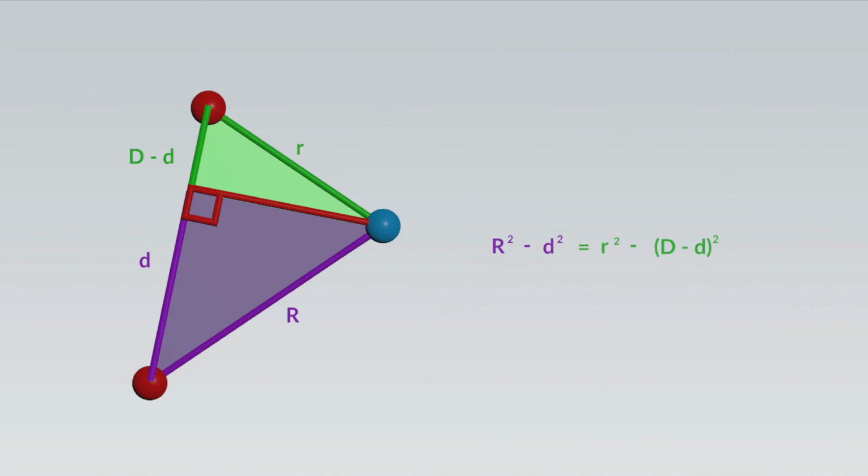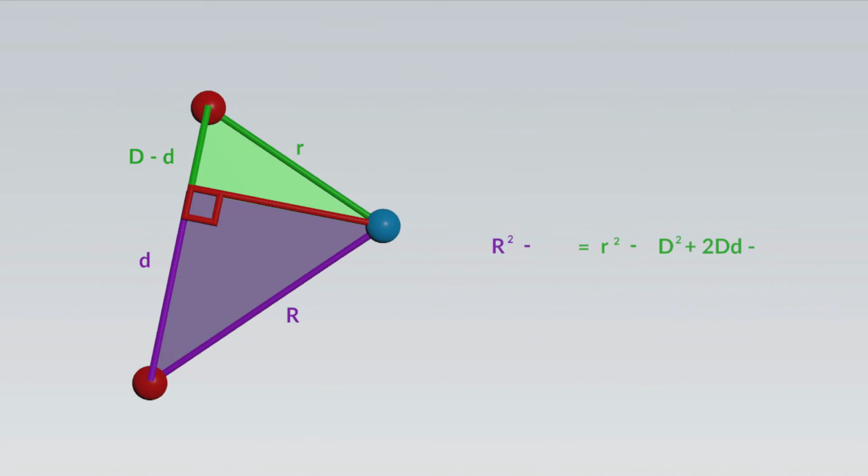We now have an expression that I'm going to expand out the polynomial and then extend the minus sign through the parentheses, get rid of those parentheses. Then we can see we have d squared on both sides. If we add d squared, we can get rid of those.